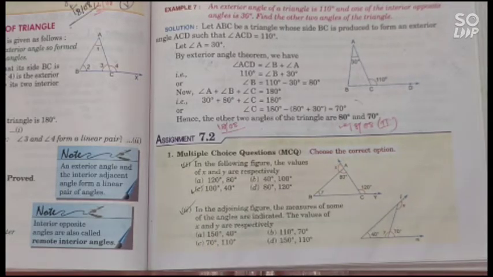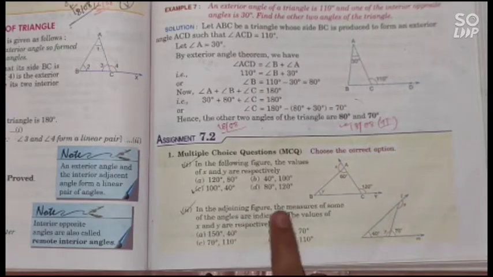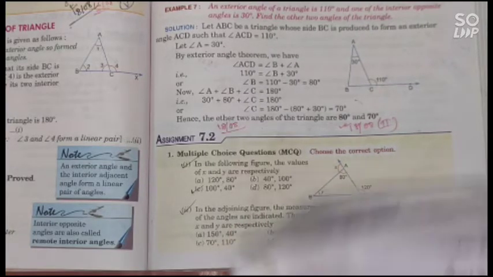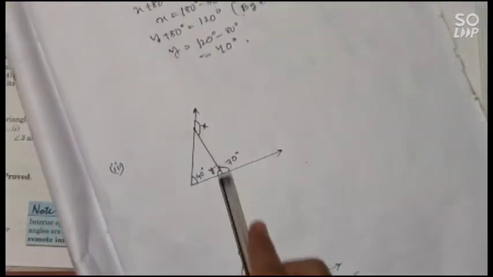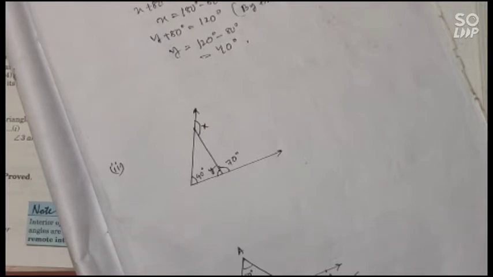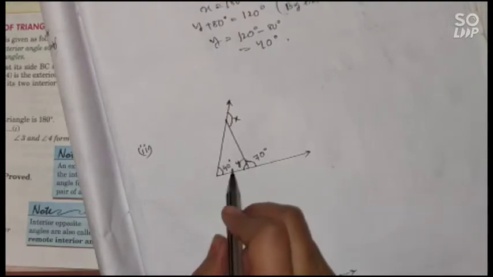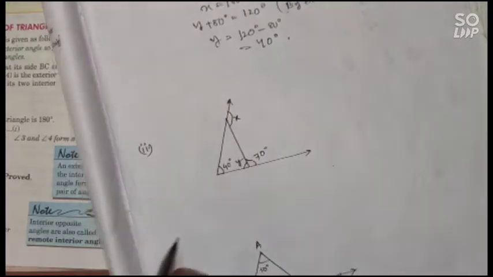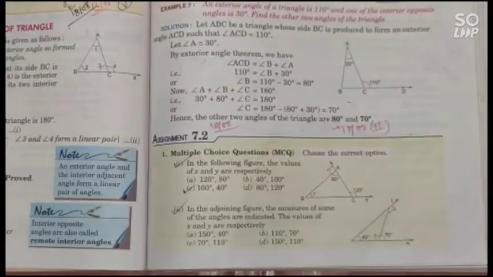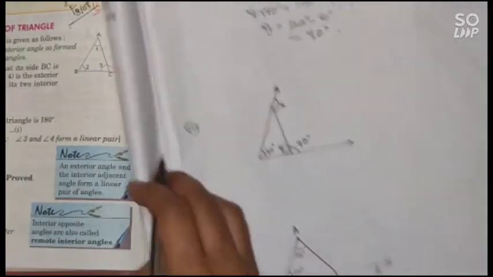Next, question number 2. In the adjoining figure, the measures of some of the angles are indicated. Find the values of x and y. How can you get the value? So in this triangle, these and these are the exterior angles.